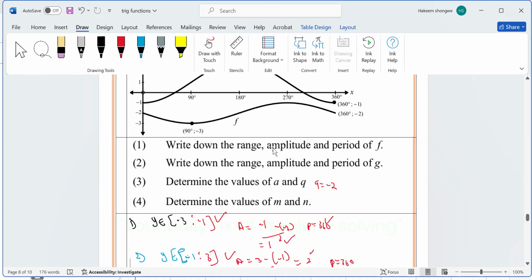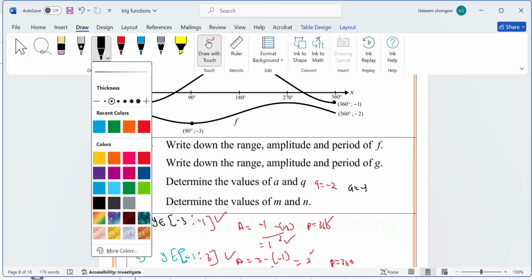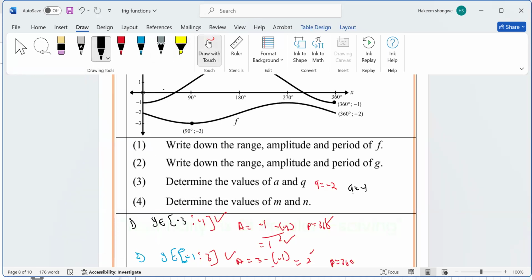What does that mean? It means our a is going to be equal to -1, instead of being +1. Why? Because if it started at -2 and went up, we would say it's positive. But because it started at -2 and didn't go up, it went down, the graph is reflected. That's going to be your a and q.